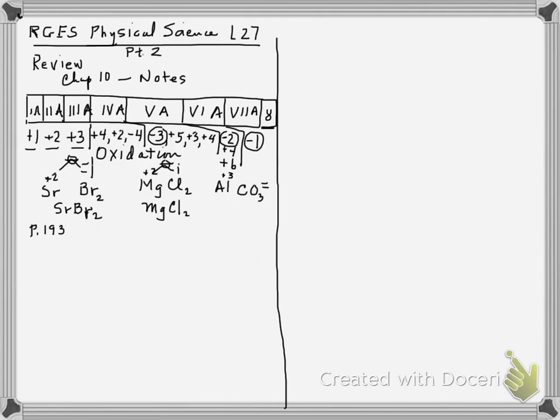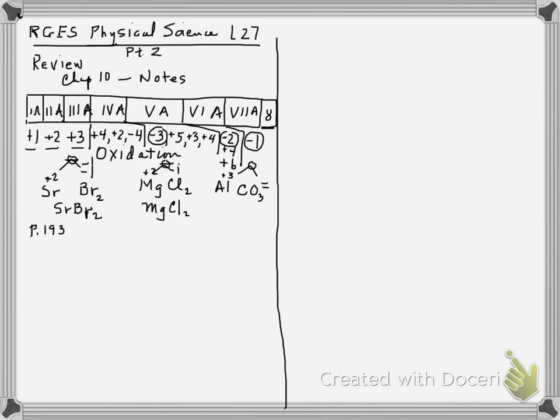We have +3 and -2. We have to select something that will balance so that we get a 0 on the oxidation number. So if we have 1 aluminum, that's +3. If we take 2 of these carbonates, that's going to give me -4. If I have 2 aluminums, then I've got +6, and I've got -4 if I have 2 of these.